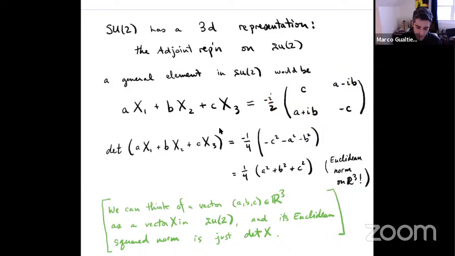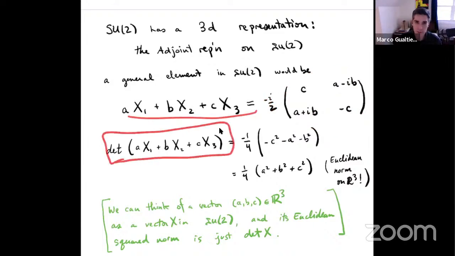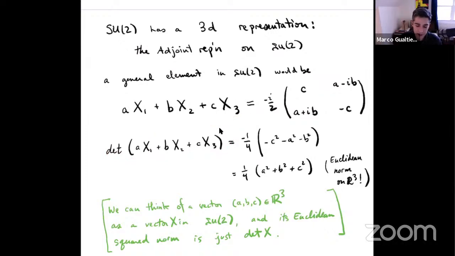So we have a general element, and if I take the determinant of this element, this is just an observation. What I get is minus c squared, and then minus this multiplied by this, and that is just a complex number times its complex conjugate, which is just the norm squared. So what I get is minus a quarter coming from this, times the negative of a squared plus b squared plus c squared.